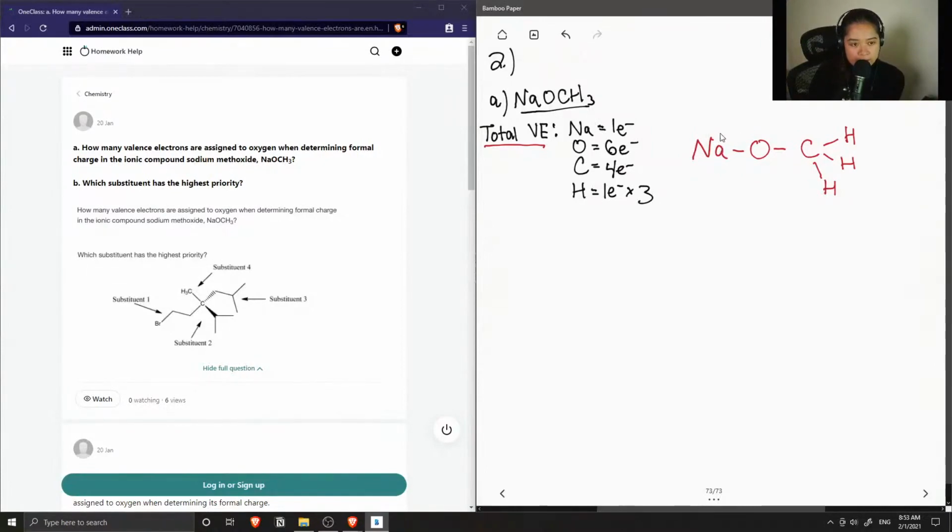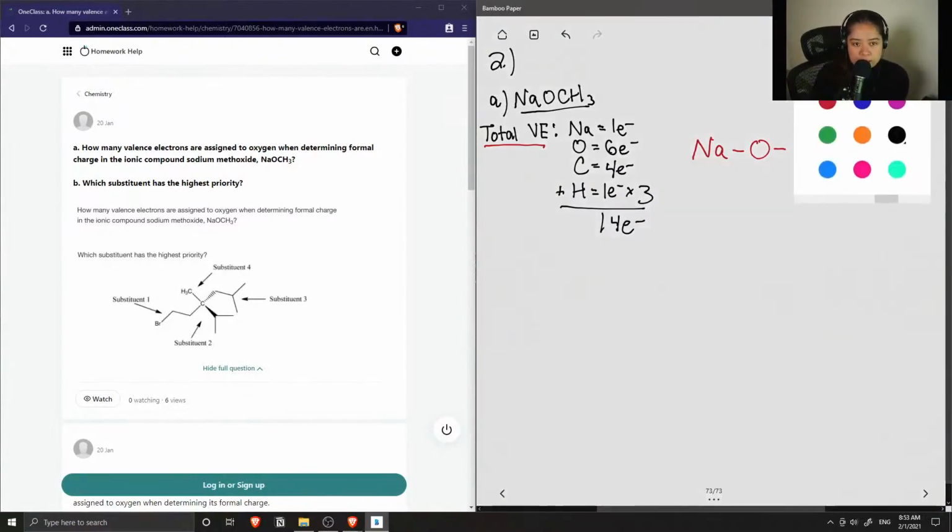And if we count out how many electrons we've drawn so far, where each bond contains 2 bonding electrons, then you can see that we only have 10 out of the 14 total valence electrons in this structure. So for the remaining 4, we'll put them on our oxygen.